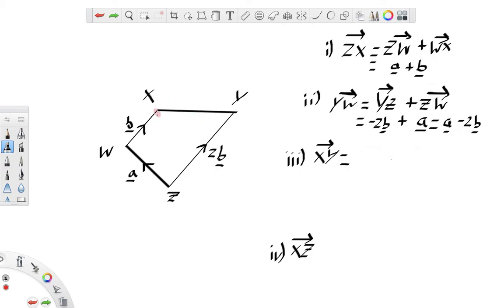That alternative route will be X to W, W to Z, and then Z to Y. So it will be X to W plus W to Z plus Z to Y. Well, X to W is going to be minus B.